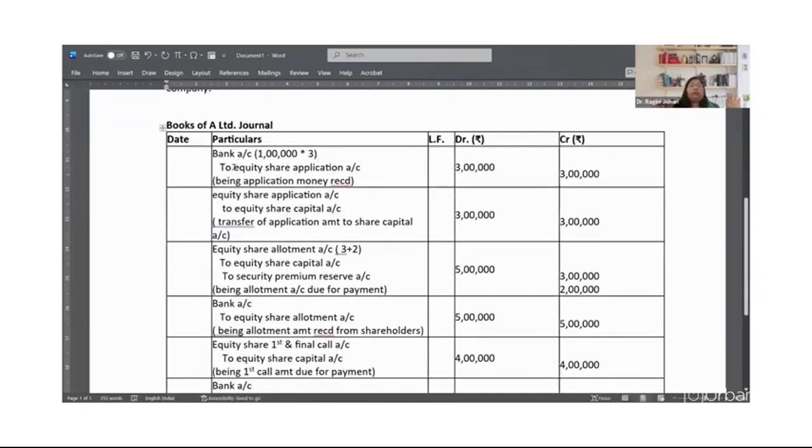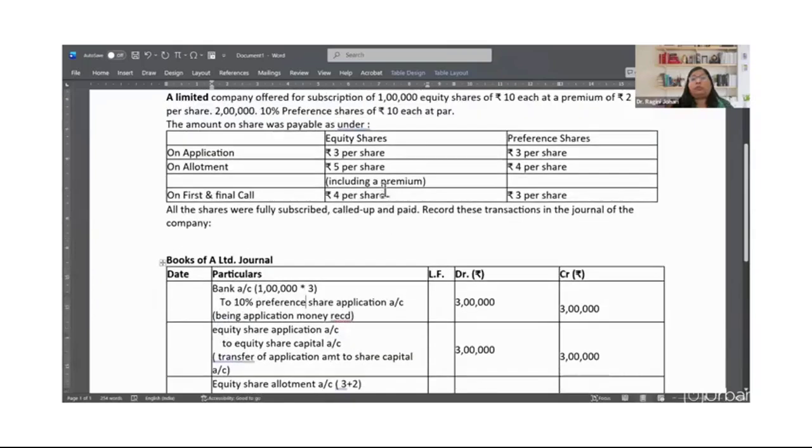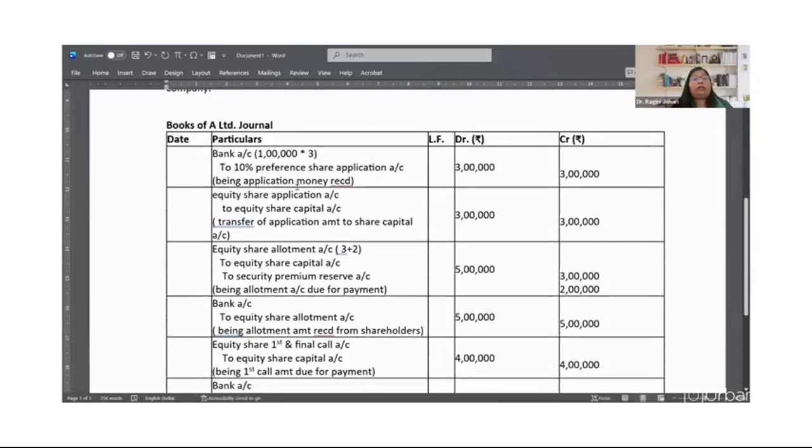Okay, so now the first entry, if we make now for the preference shareholders, the entry would be like this: bank account debit to, now we write here 10% preference share application account. Now, amount and the money is same, but number of shares are 2 lakh. So this is 2 lakh into 3. This makes it 6 lakh and 6 lakh.